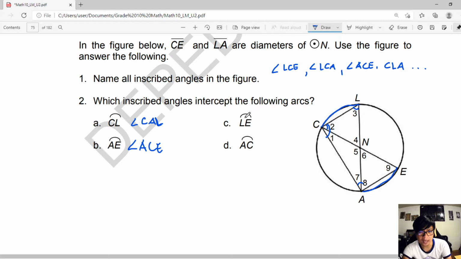Next one, we have arc LE. So, inscribed angle niya is angle LCE.